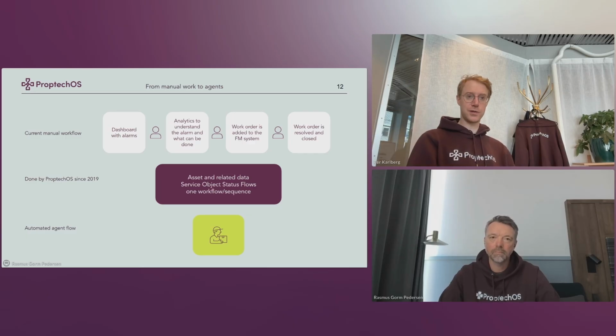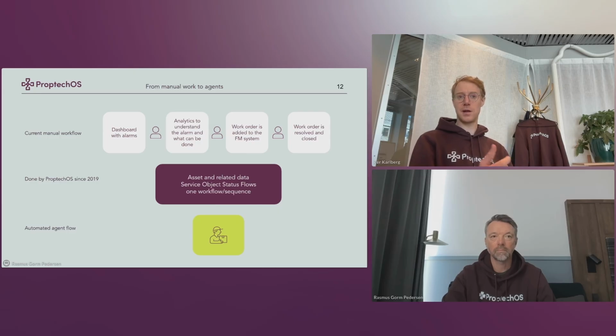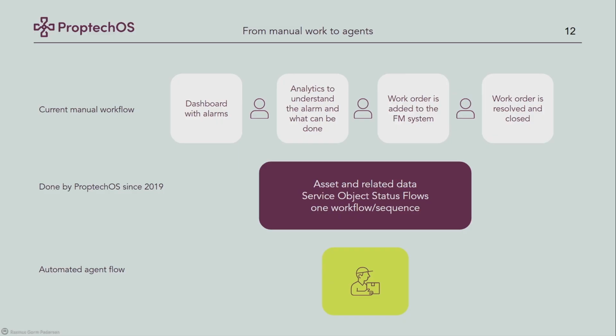transfer software and information technology into the physical activity of someone going out to inspect or to change something. A lot of what we are going to talk about today, the means of transferring this into the facility management system or to the field operator, is via service objects, mirrored in an SMS or an email for someone to do something.